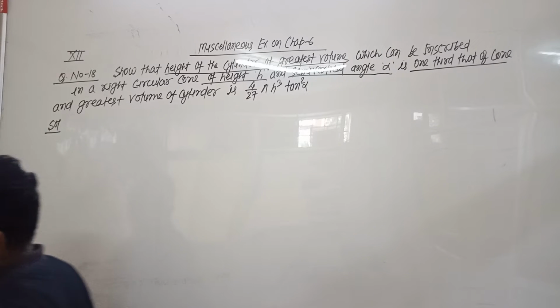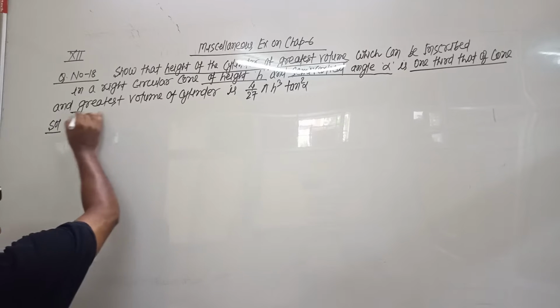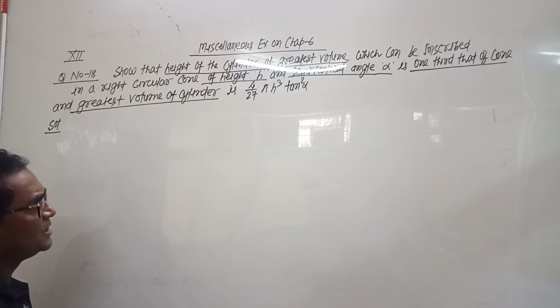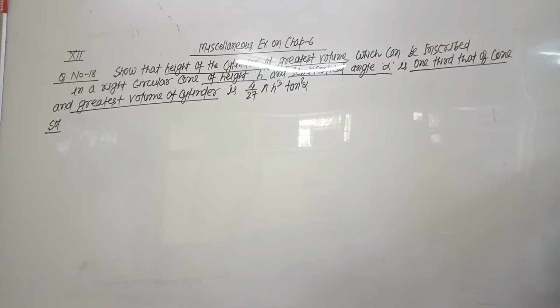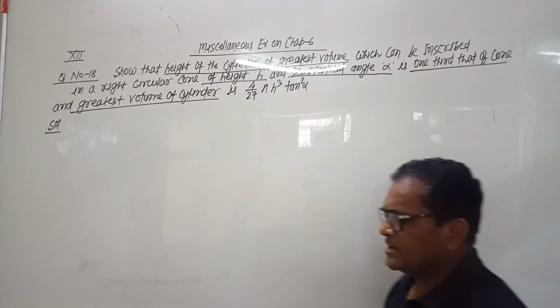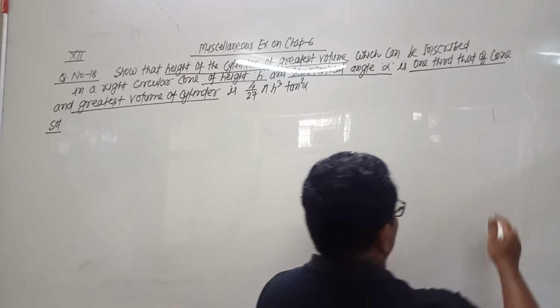We have to prove the volume is greatest, maximum. The greatest volume is 4/27 pi h cube tan square alpha.